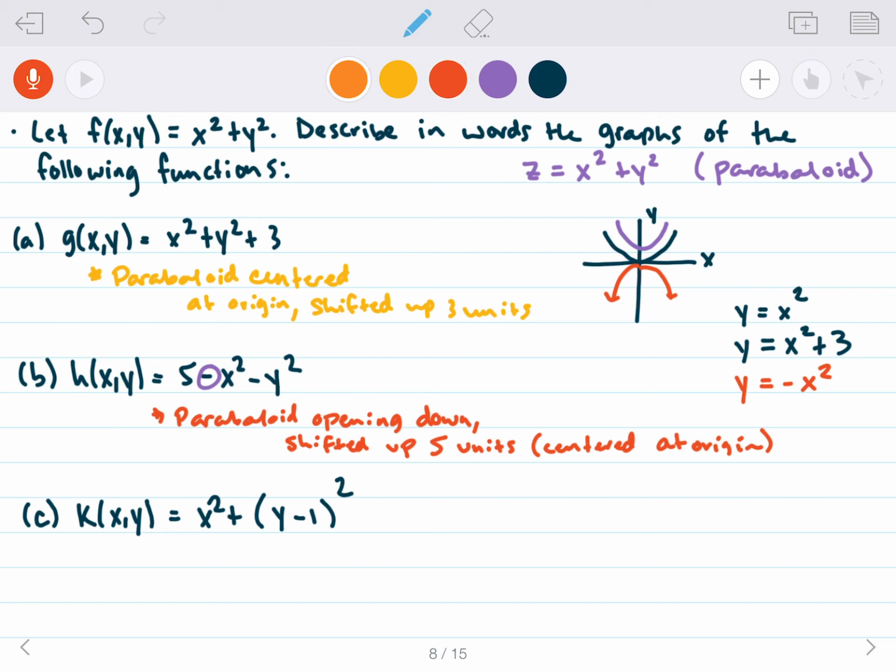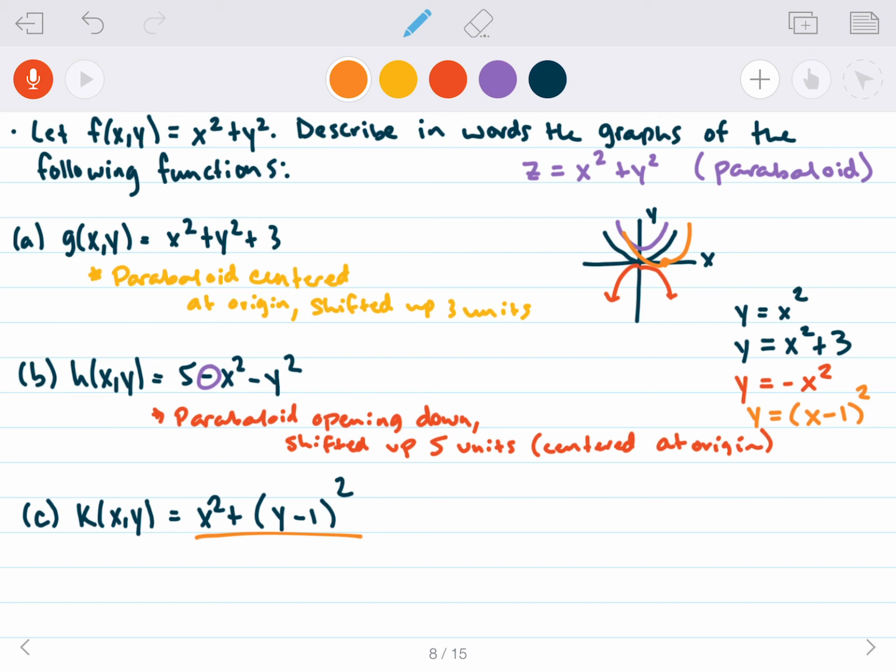Okay, and the last one is this guy. So remember when we had something in college algebra like y equals x minus 1 squared. What did that mean? Well, that just said, hey, pick up x squared and move it to the right 1 unit. So it looks something like this. We moved it to the right 1 unit. So that's what we're going to do here.